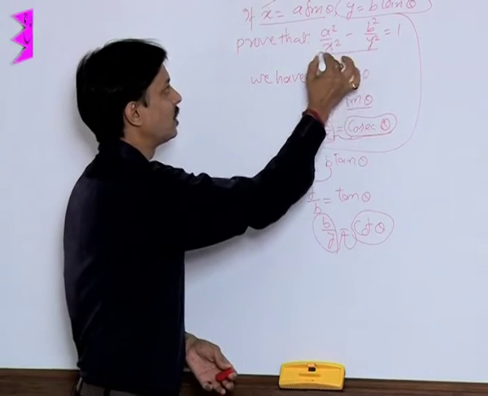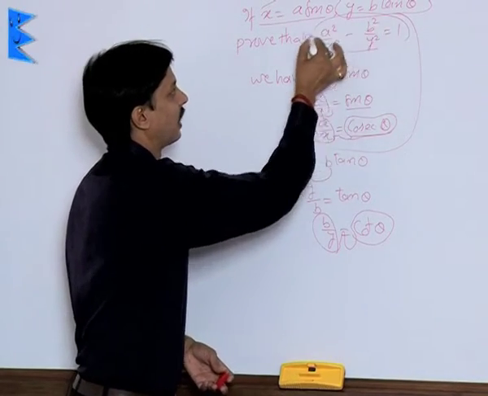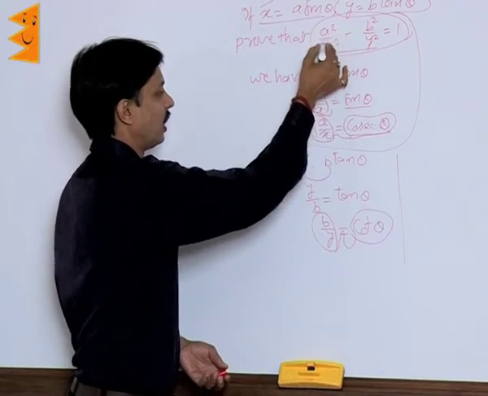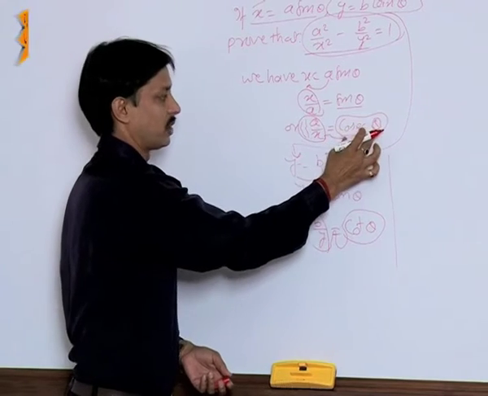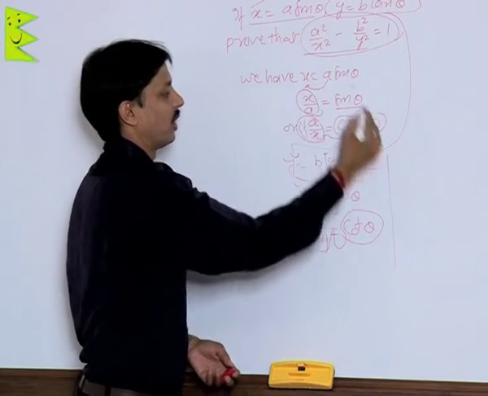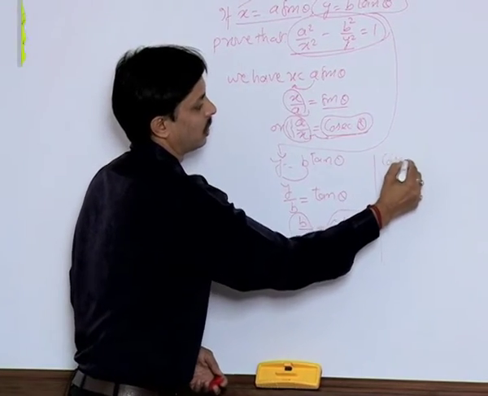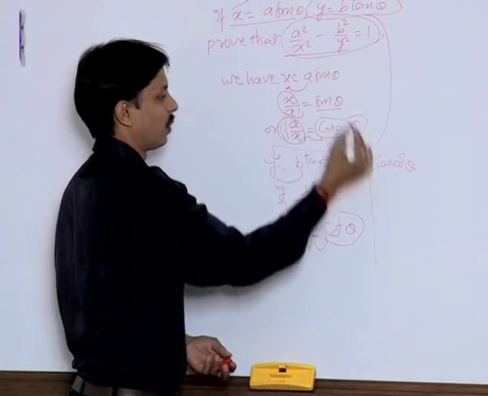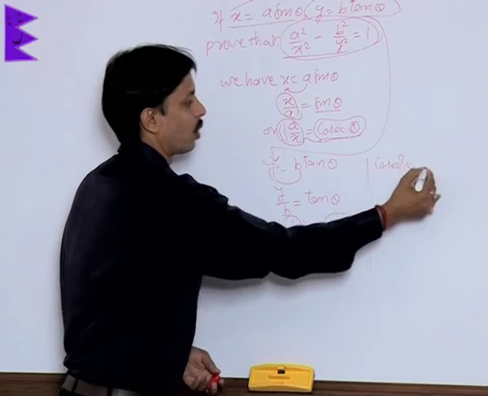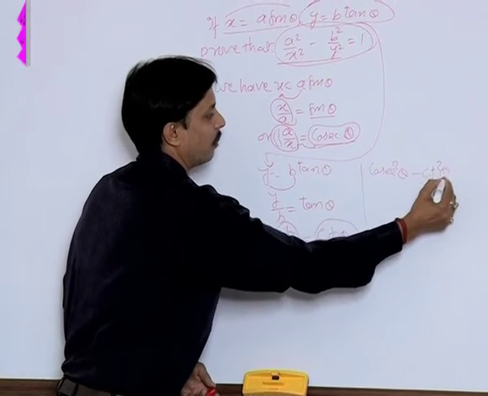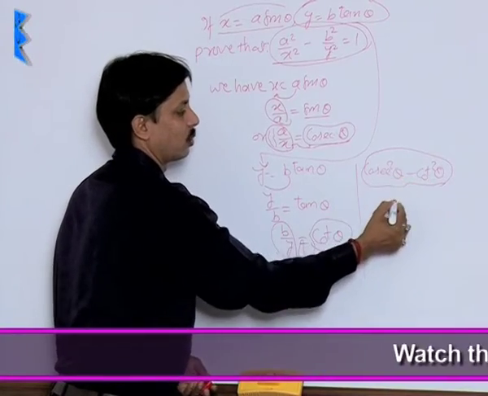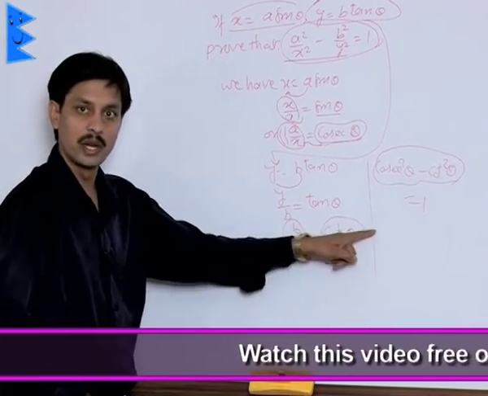If we put these values in the left hand side of this, what will we get? In place of a upon x, we will write cosec theta, so a square upon x square becomes cosec square theta. Similarly, in place of b square upon y square, we will write cot square theta. But one of the identities we know is cosec square theta minus cot square theta is 1.